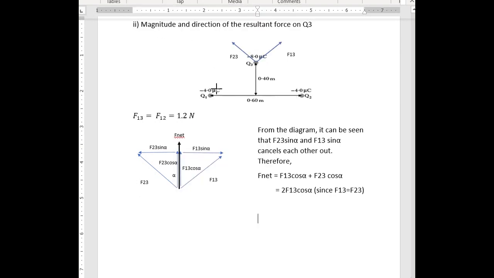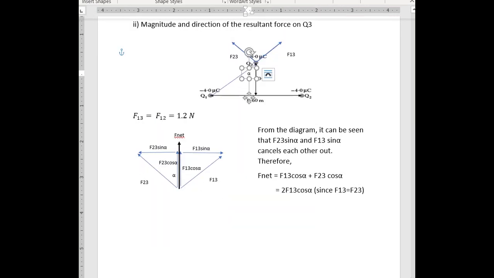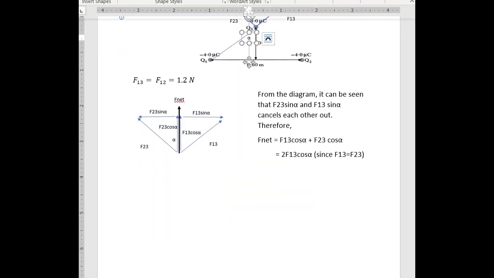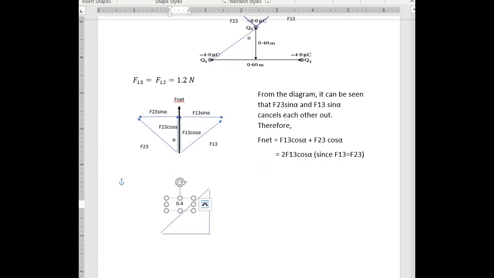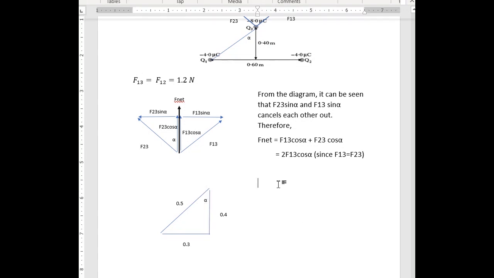And this alpha, to find the angle, we use the help of the original diagram: 0.5, 0.4, 0.3, alpha is here. So sine alpha is 0.3 over 0.5.